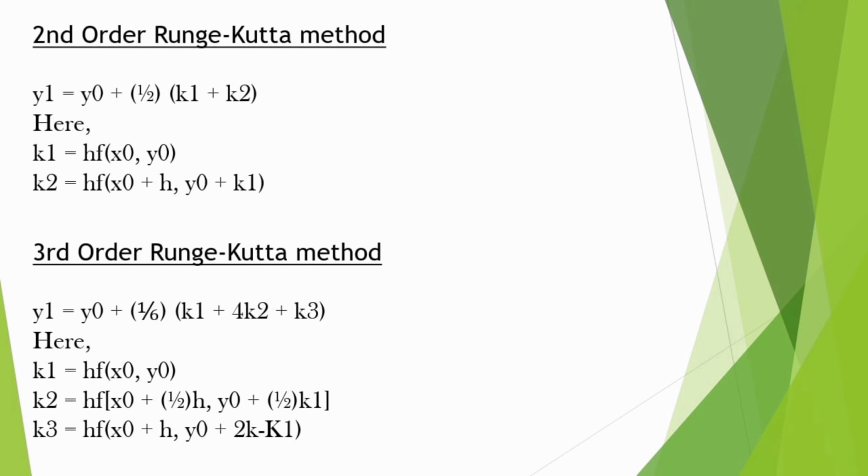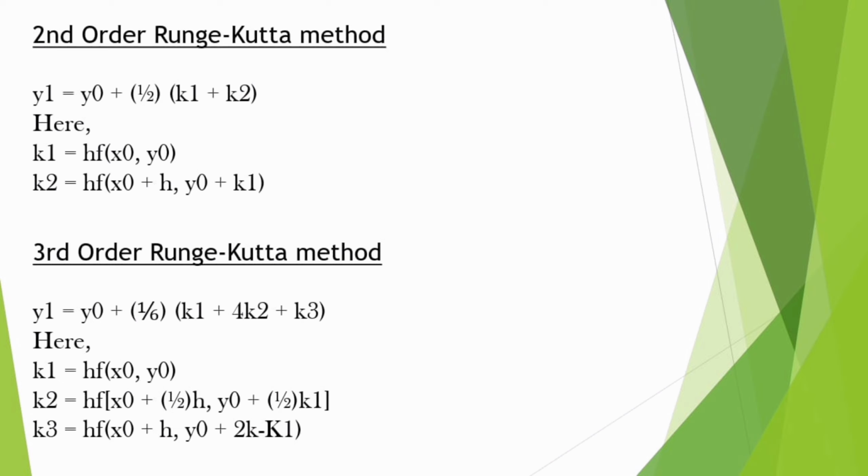Now the formulas for the second order and third order Runge-Kutta method. The formula for the second order Runge-Kutta method is y1 is equal to y0 plus half of (k1 plus k2). Here k1 is equal to h f of x0 comma y0 and k2 is equal to h f of (x0 plus h, y0 plus k1).